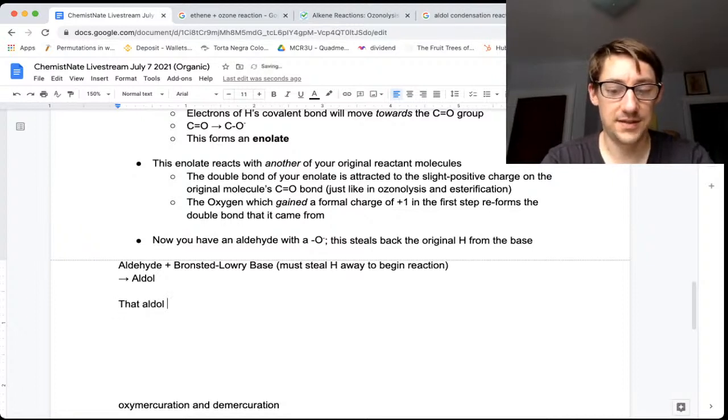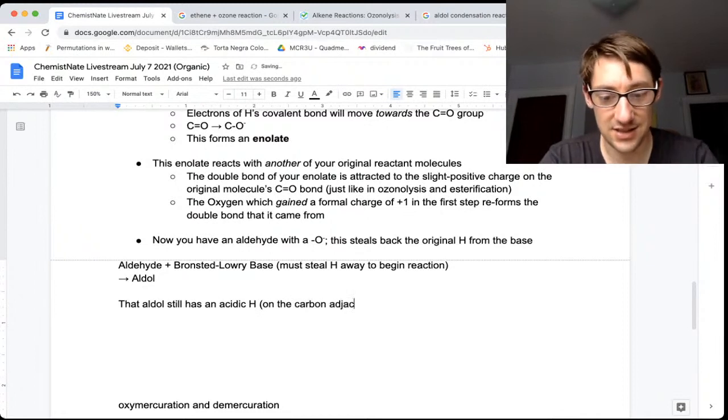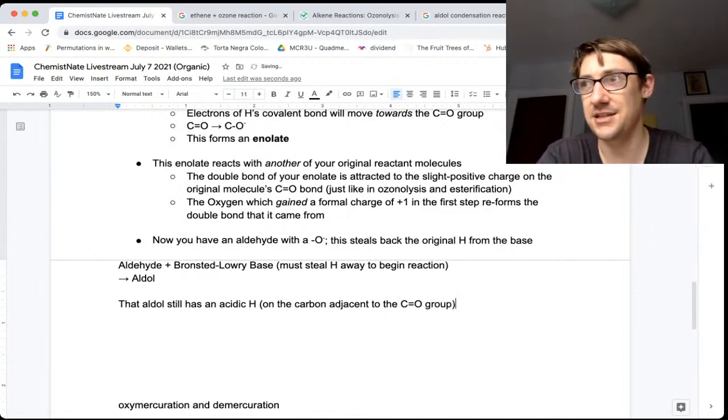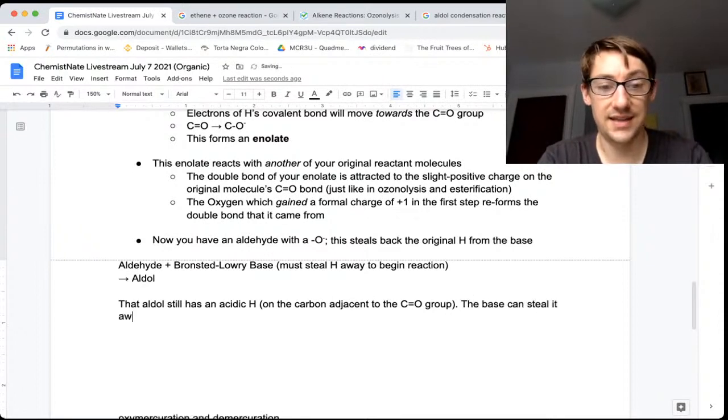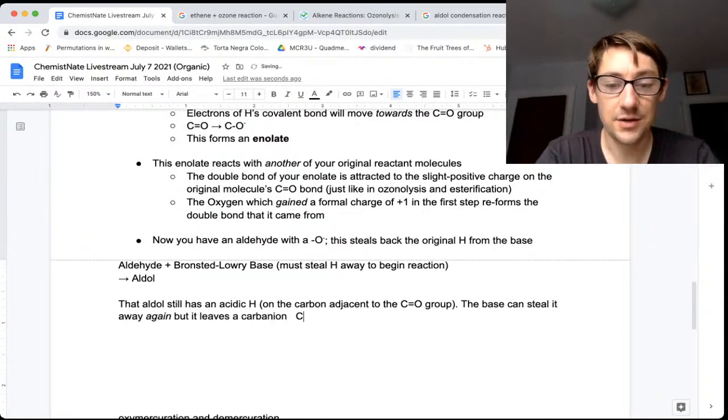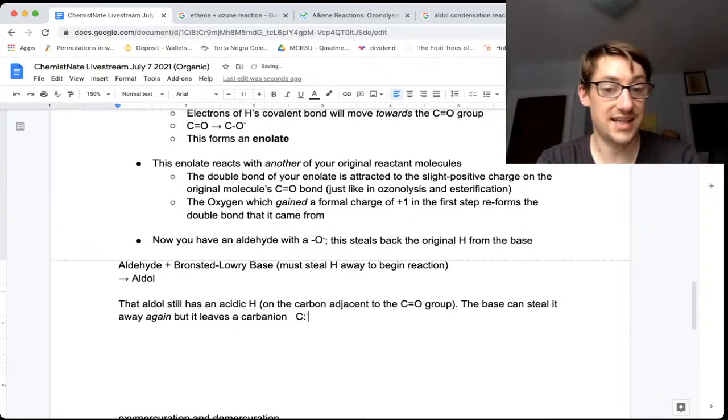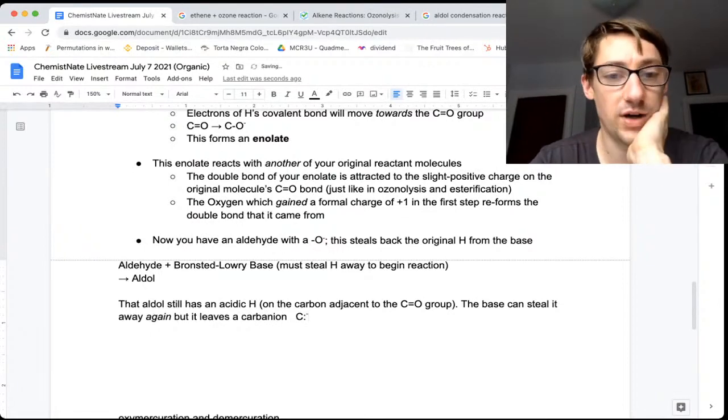That aldol still has an acidic H on the carbon, which is adjacent to the CO group. Same as step 1. I didn't number my steps, but whatever. The base can steal it away again, but it leaves a carbon ion. That's a C with a lone pair of electrons and a formal charge of -1.